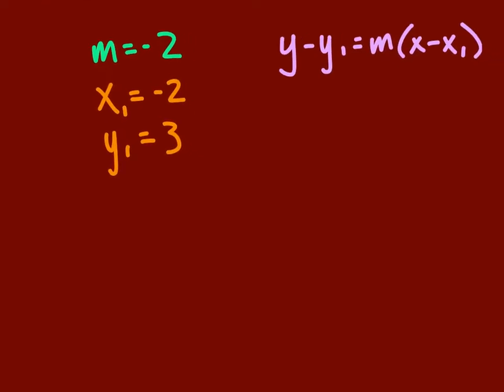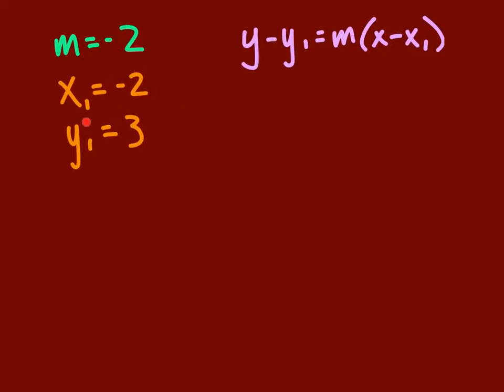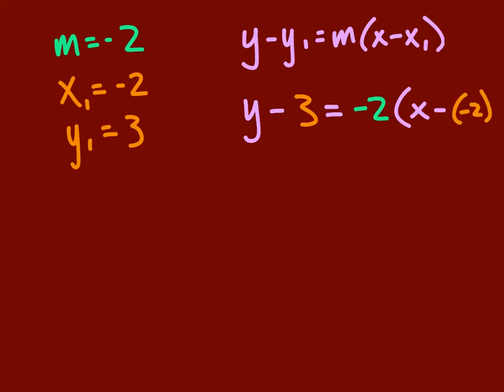And so what I can do is take those values and plug them into my equation here. Whenever you have a point, if I'm using point-slope form, I'm going to use x1 and y1 as my notation. So from here, I've got y minus y sub 1, which is 3, is equal to -2 times x minus my x sub 1, which is -2.